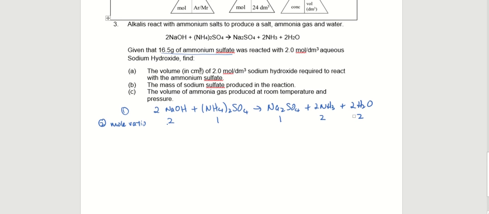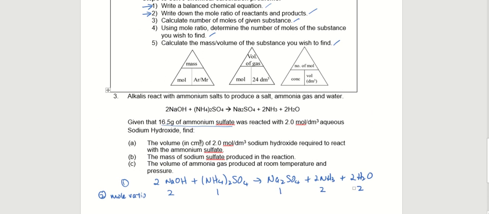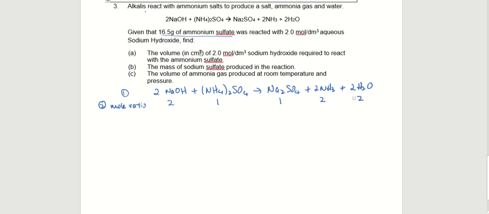Okay, so now let's just see what we can do about step 3. Step 3, we calculate the number of moles of the given substance. So let's write down what has been given to us. We have been given some information on ammonium sulfate. This is the mass of ammonium sulfate, and we know that we are given 16.5 grams of ammonium sulfate, and we are also given some information on the aqueous sodium hydroxide, which is the concentration.